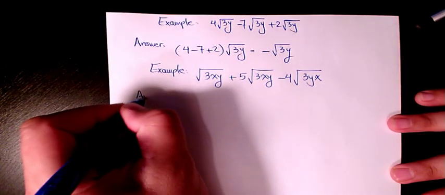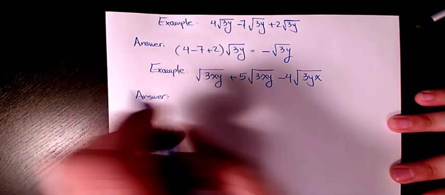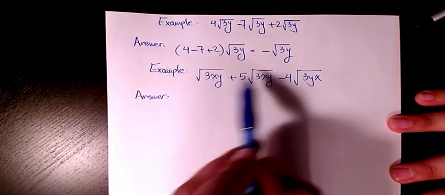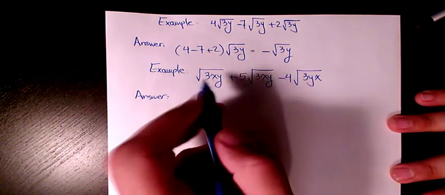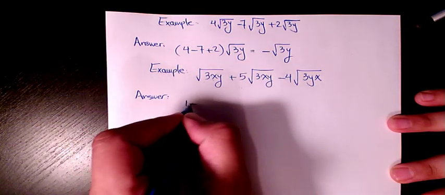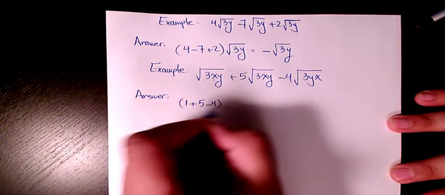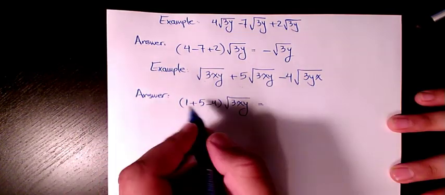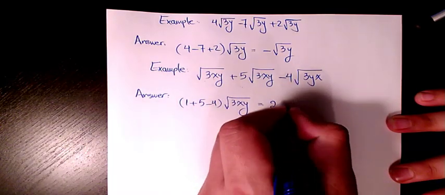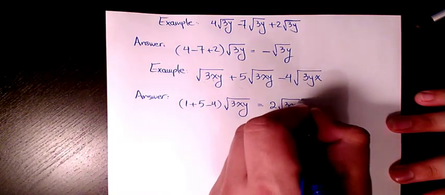The answer is, these are all like terms. 3xy, 3xy and 3yx are the same thing, so we collect the like terms. We have 1 plus 5 minus 4 root 3xy. So 1 plus 5 is 6, minus 4 is going to be 2 root 3xy.